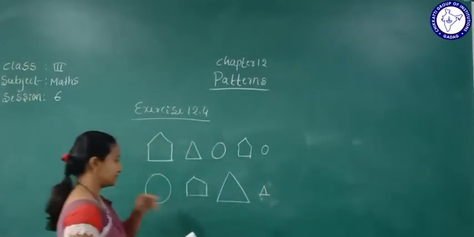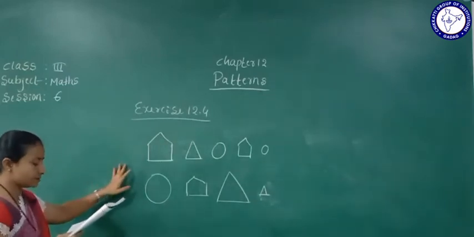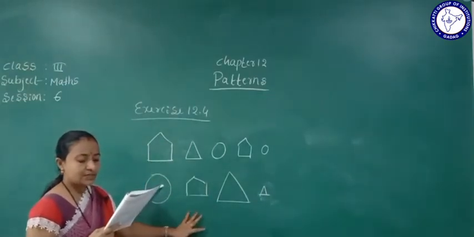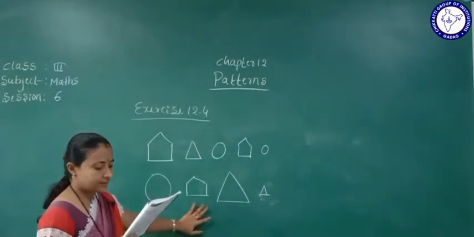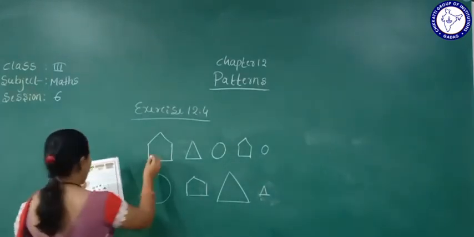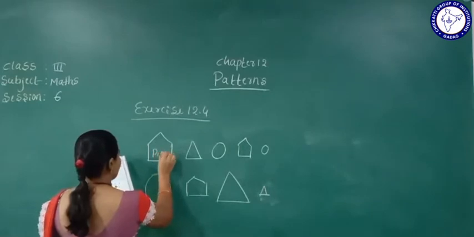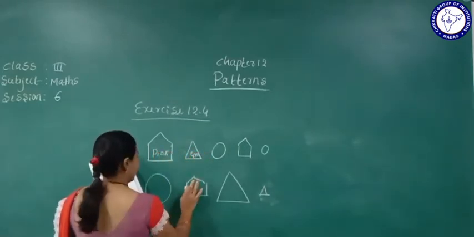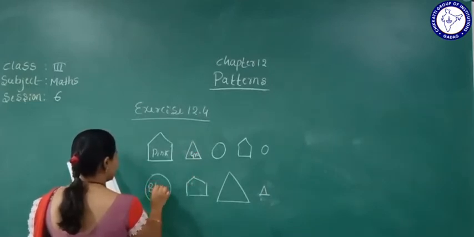Observing all the patterns, there are 9 of them. So use the shapes and draw the pattern indicated. All of these are pink, green, and these circles are blue.